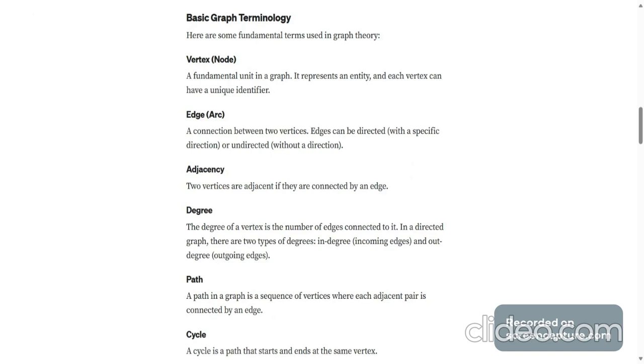Edge. A connection between two vertices, edges can be directed with a specific direction or undirected without a direction. Adjacency, two vertices are adjacent if they are connected by an edge. Degree, the degree of a vertex is the number of edges connected to it. In a directed graph, there are two types of degrees, in-degree, incoming edges, and out-degree, outgoing edges.